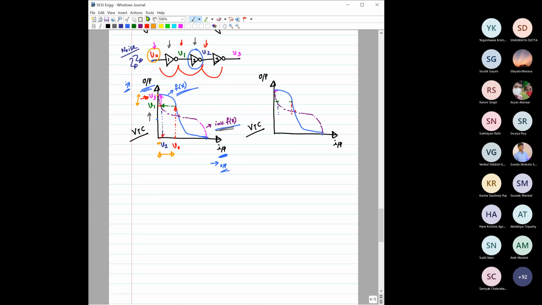This is not only the property of the inverter, maybe some other digital gates also have this property. So to have this regenerative property, this VTC, the Vout versus Vin characteristics, should be like this.